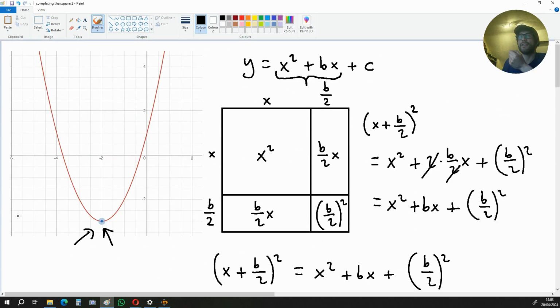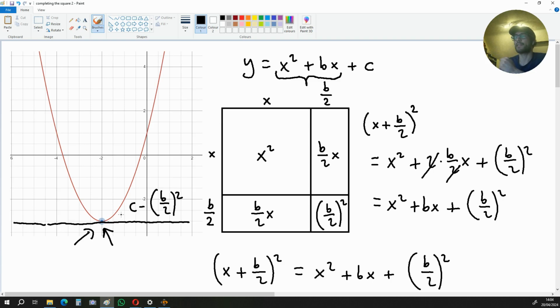So the value of y has to be greater than or equal to c minus b over 2 squared. We know the value for y at this turning point. We've discovered that now. But what is the value of x for that turning point?